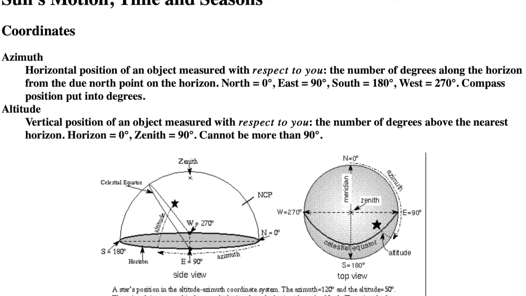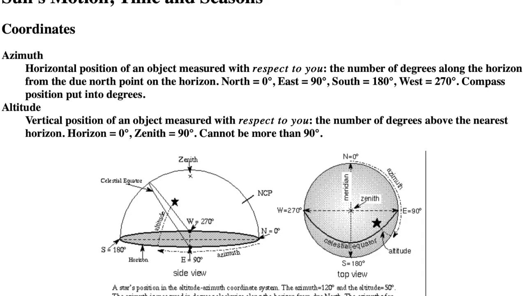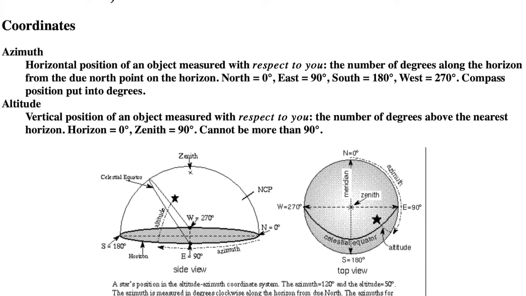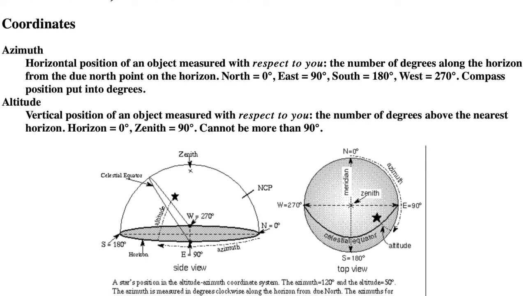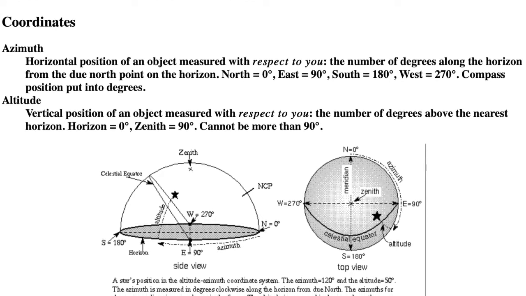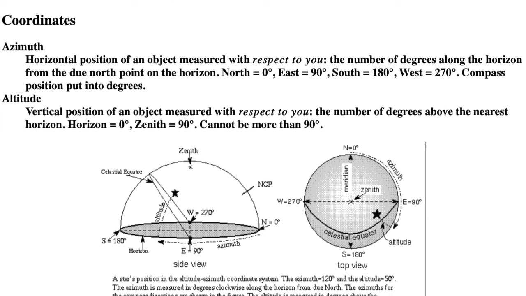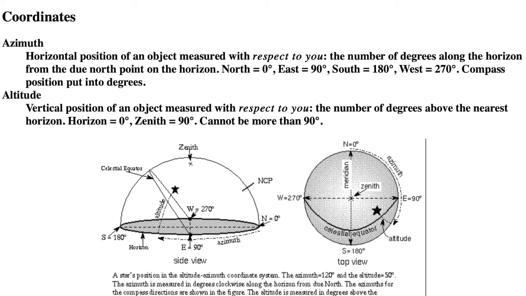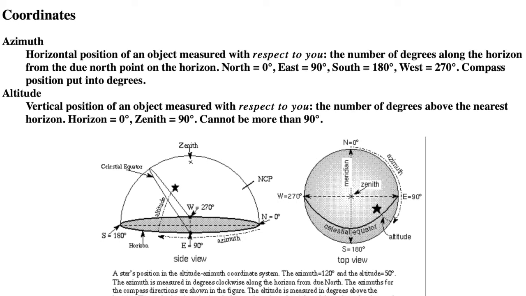This system depends on the observer's location and time. Since stars change their position with respect to your horizon throughout the night, their altitude-azimuth position changes. Also, observers at different locations looking at the same star at the same time will see it at a different altitude-azimuth position.